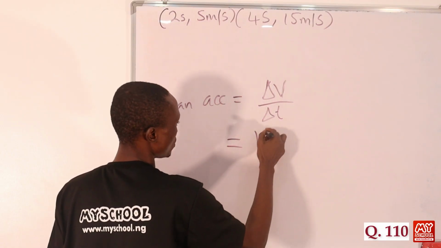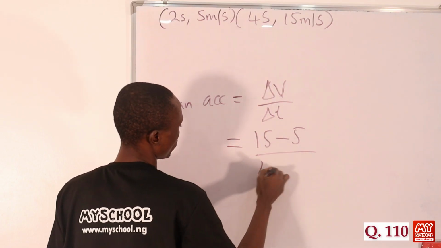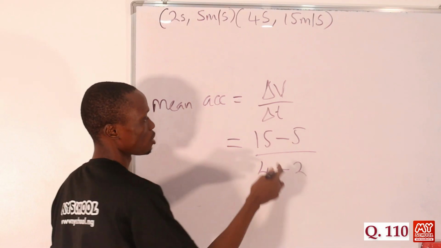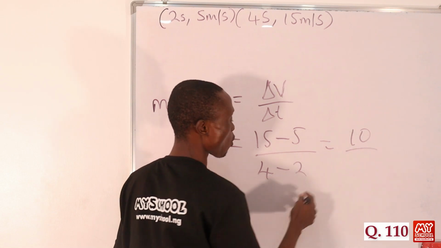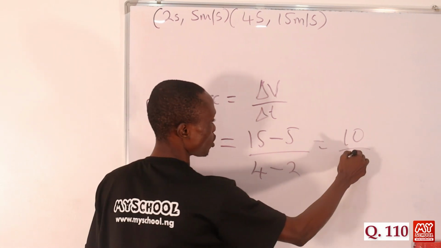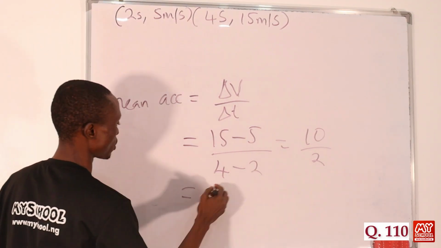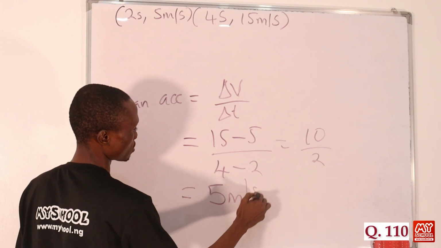So you'll be having 15 minus 5 all over, this is our T2, 4 minus, while this is T1, 2. So 15 minus 5 equals 10. Then 4 minus 2 equals 2. So 10 divided by 2 equals 5. So the mean acceleration is equals to 5 meters per second square.